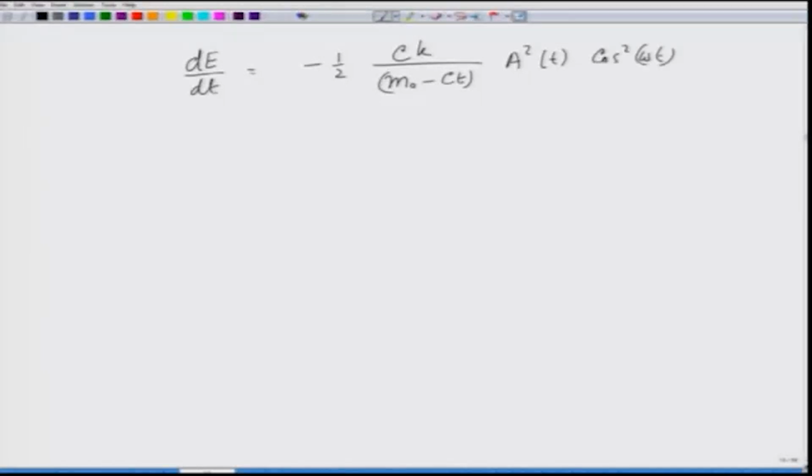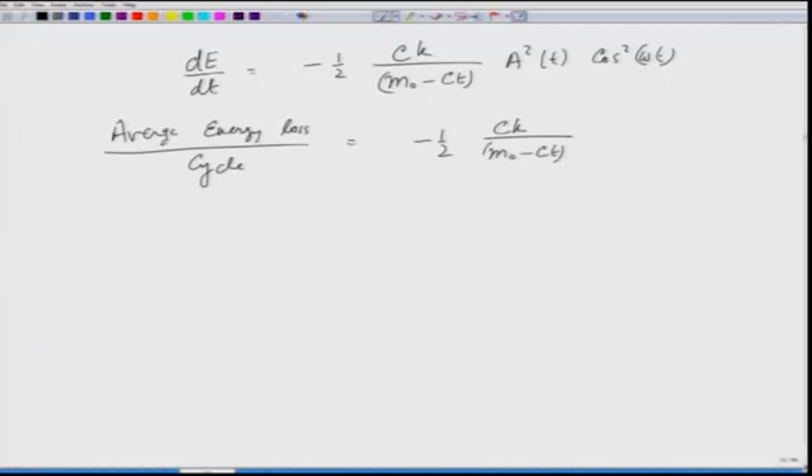So, average energy loss per cycle is going to be equal to time average of this whole thing: minus a half c k over m naught minus c t, A squared t, cosine squared omega t time averaged. And as I said earlier, because c is very small, change in A is very small, I can think of per cycle they are not really changing much.